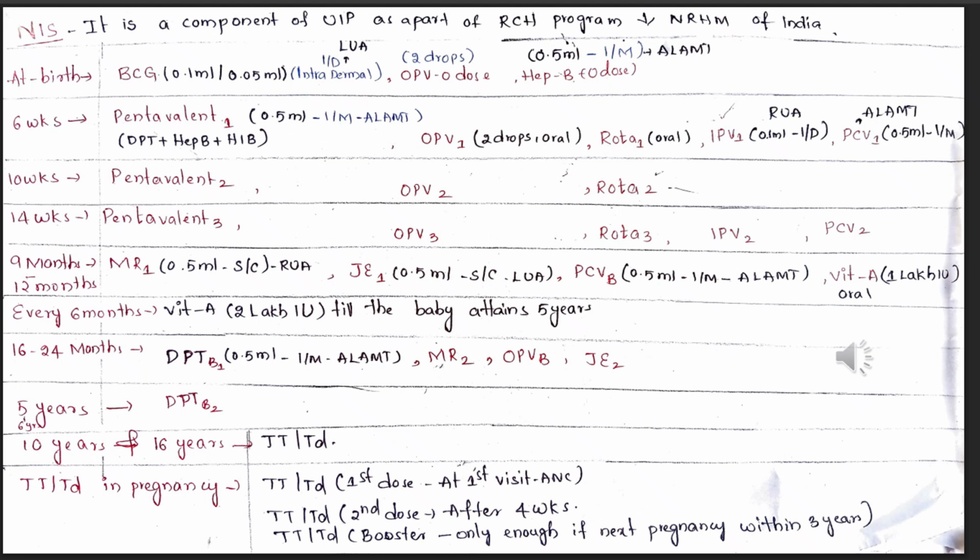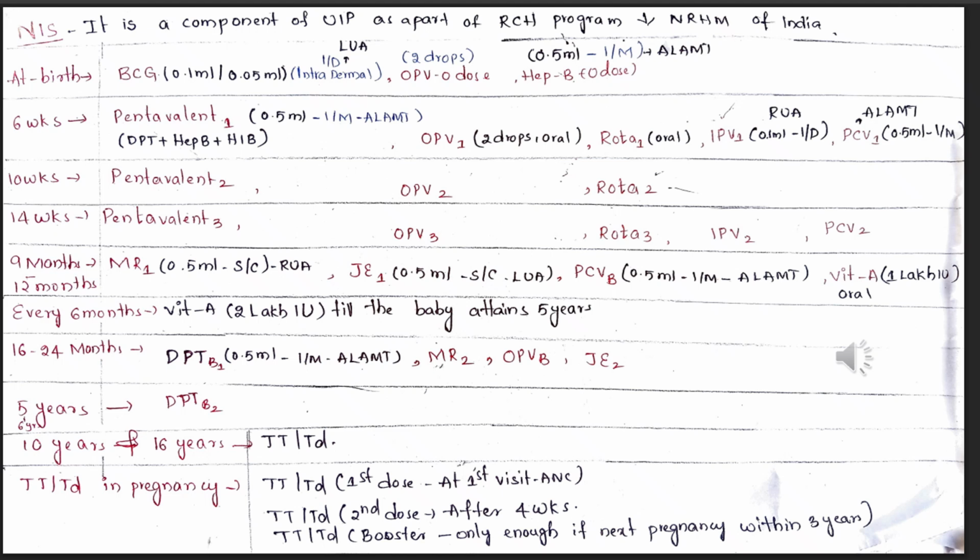And the second one we are giving is MR2, measles rubella second dose, at 16 to 24 months. And the OPV first booster will be given, and the Japanese encephalitis second dose will be given, not a booster.